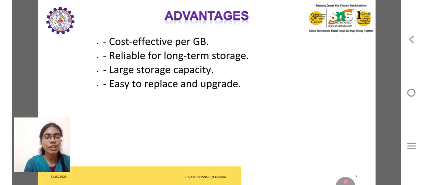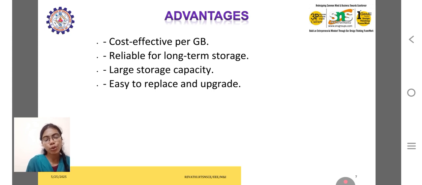It is cost effective per GB. So the advantages are, you are able to buy 10 GB, 12 GB, depending on the rate for the GB we want. Reliable for long term storage, large storage capacity, we can store up to terabytes, and easy to replace and upgrade.